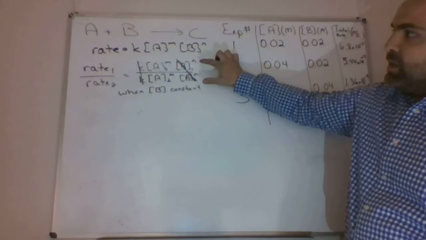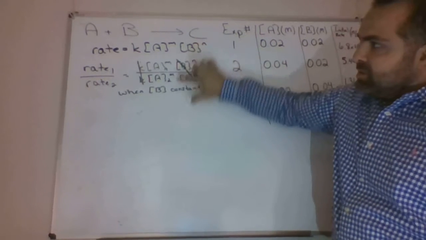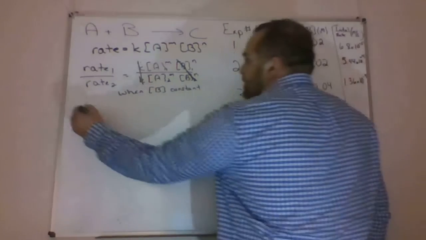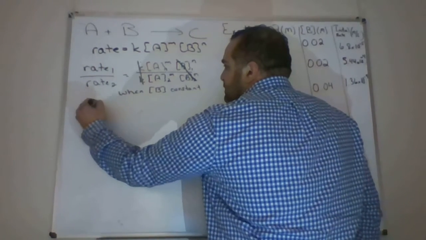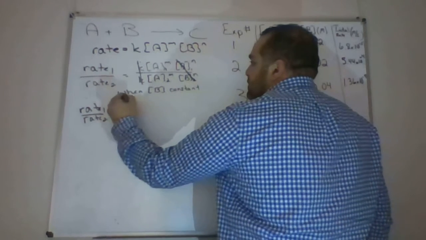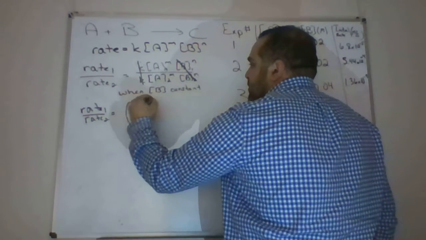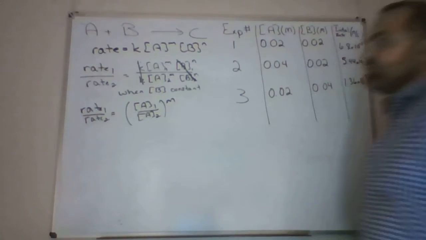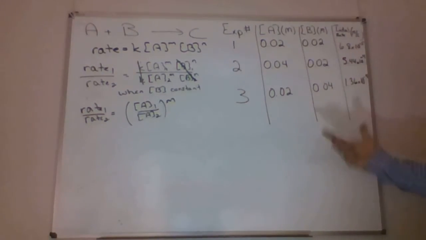So you're going to pick two reactions where this changes, but this does not change. Then we get rate 1 over rate 2 equals [A1] over [A2] to the m. Now we can determine the order of reaction for A.